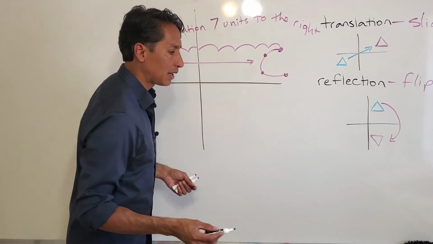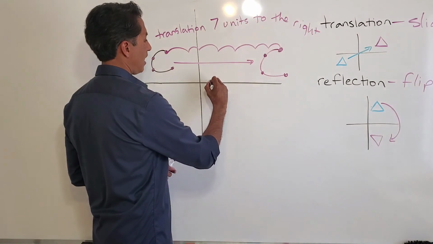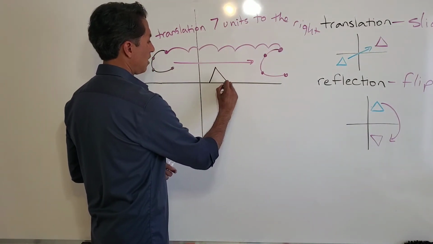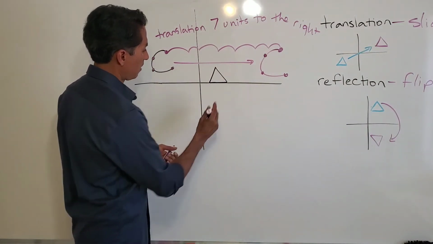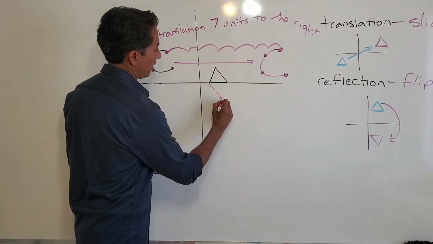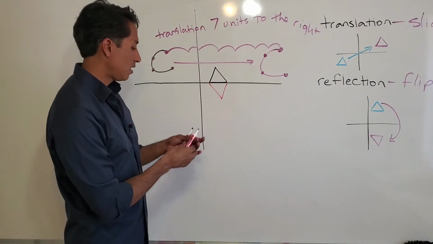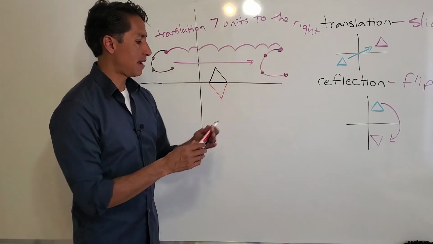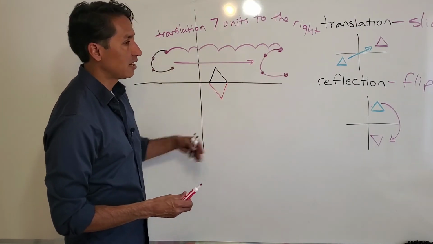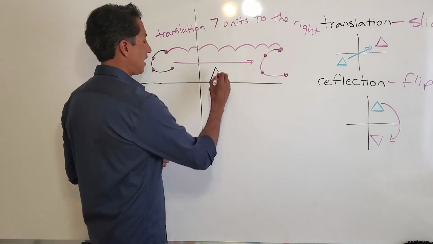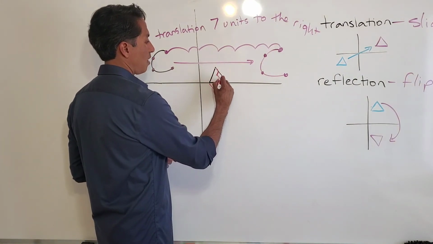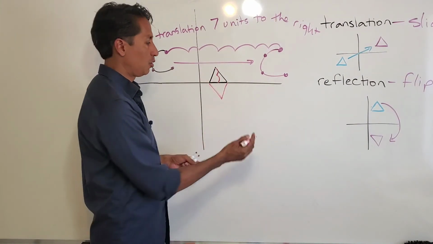Let's see here. What if I had a triangle here and it ended up down here, okay? Same thing, right? Well, we know our vocab now, so we know this is a reflection, okay? And how many units here? We'll say it's 1, 2. We'll say this thing is too tall.